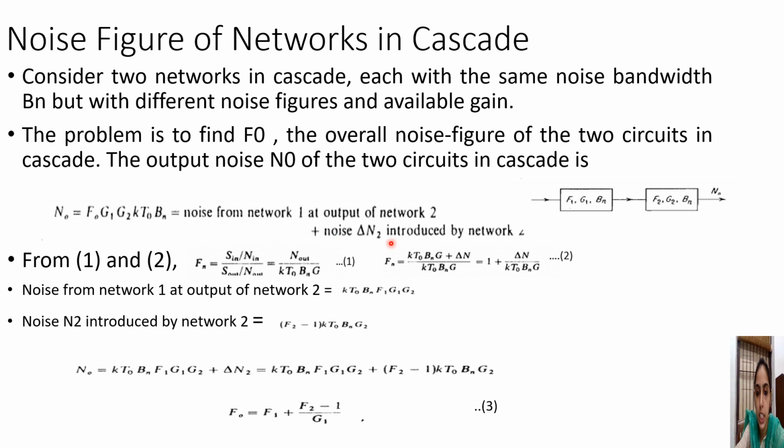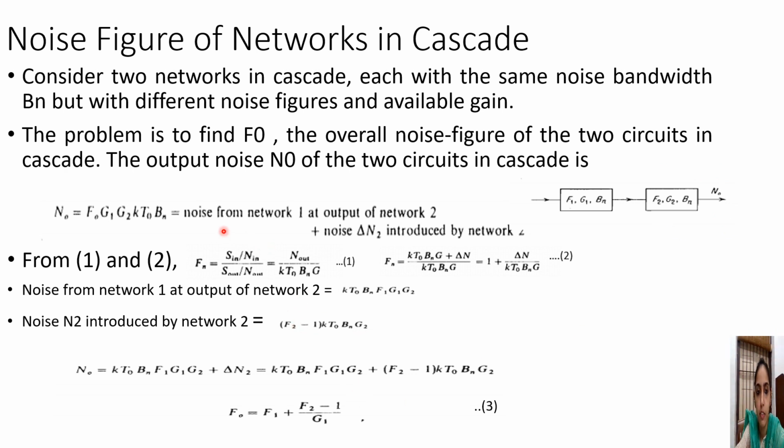Then what will be the additional noise delta N2 introduced by the network? That we will get from the second expression we have written. That is, if additional noise delta N is produced, here what will be the delta N in this particular case? It will be F2 minus 1 into KT naught Bn G2, because we are considering here the second network. So we consider F2 and G2 here.